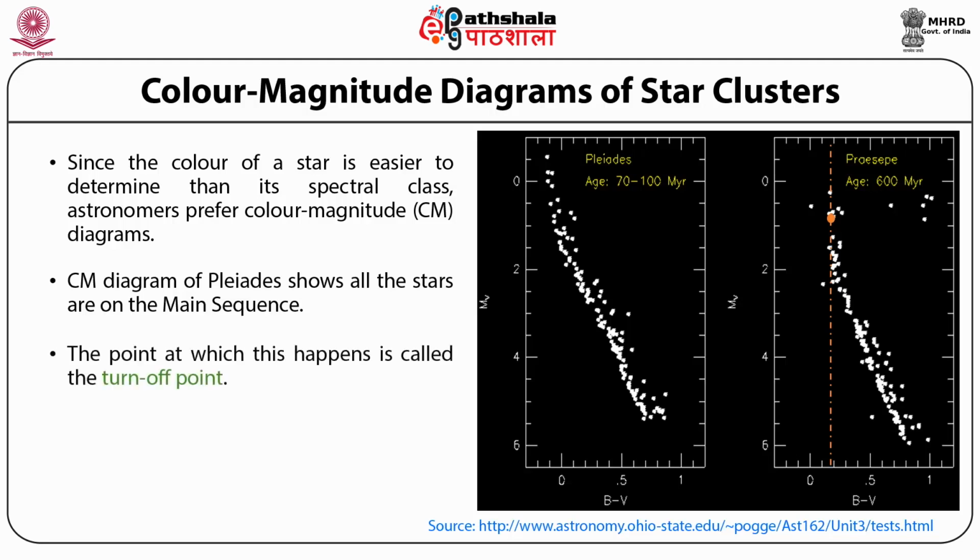The point at which the stars turn to the right from the main sequence is called the turn-off point.